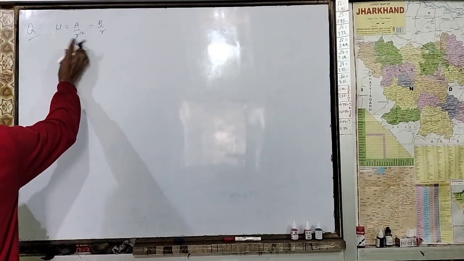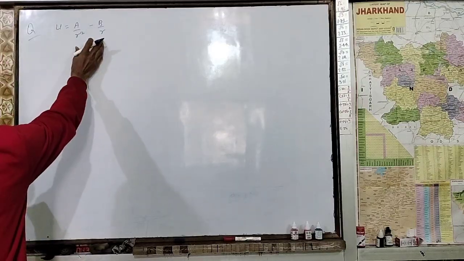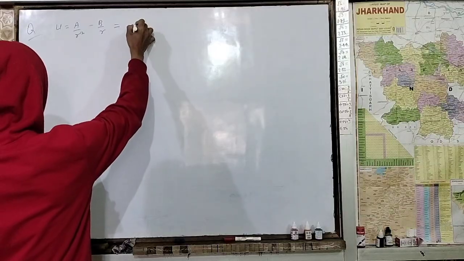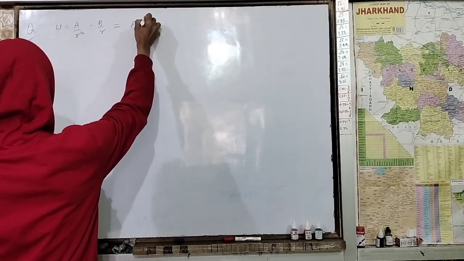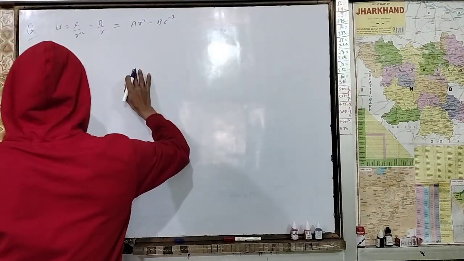Try to solve it. This is given, and you will simplify this. This will be equal to AR⁻² − BR⁻¹. Am I correct?